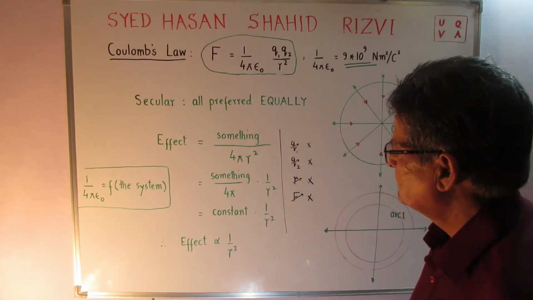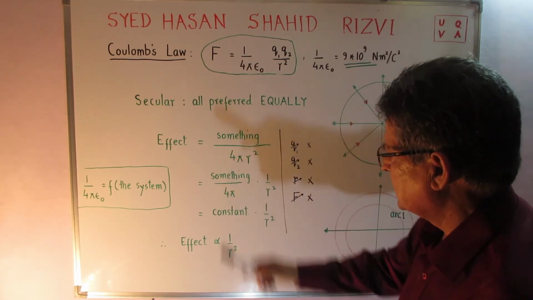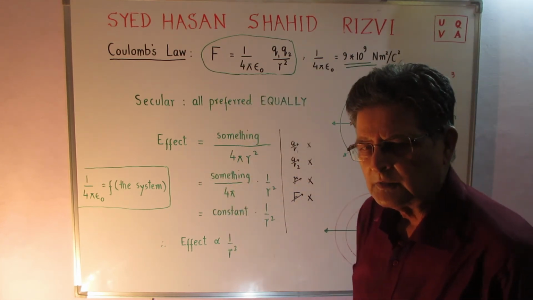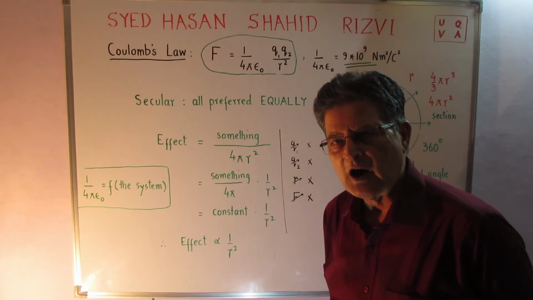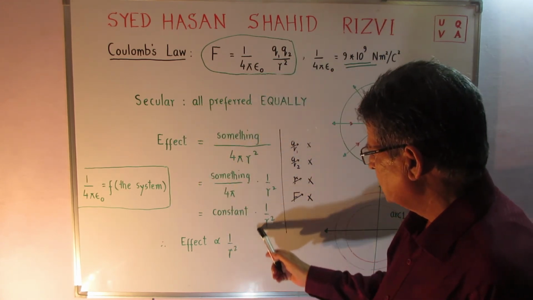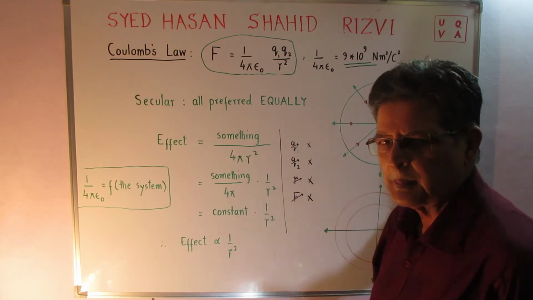This is a constant. So this whole thing becomes a constant. So this effect becomes a constant into 1 upon r square. Now, in a systems approach, I can say that this effect is proportional to this variable 1 upon r square.